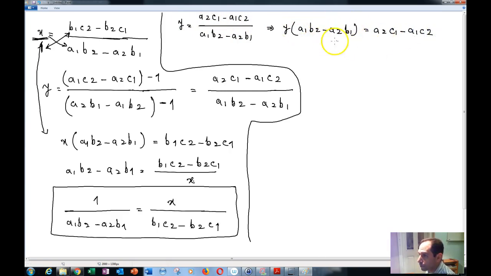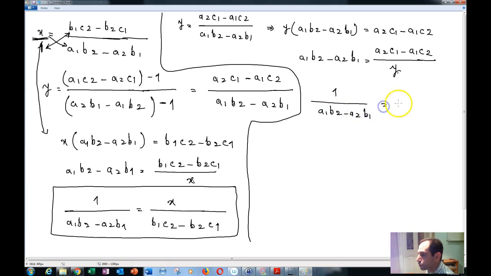And then if you want to calculate this expression over here, you will get a1 b2 minus a2 b1 is equal to this whole expression a2 c1 minus a1 c2 over y. Take the reciprocal of both sides, you will get 1 over a1 b2 minus a2 b1 is equal to y over a2 c1 minus a1 c2.